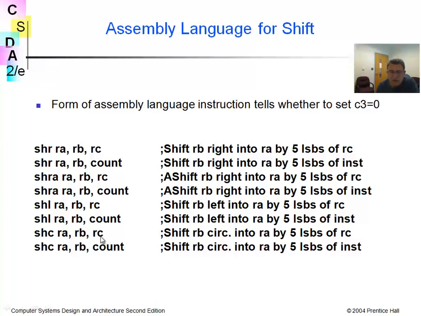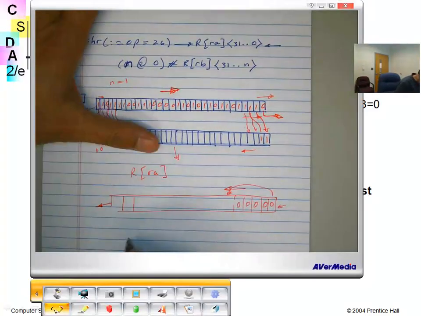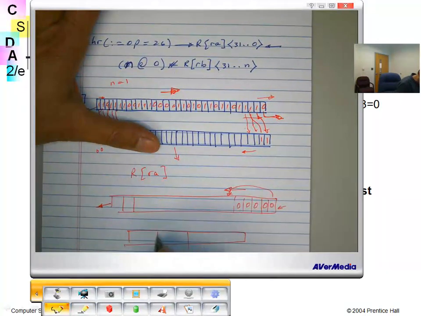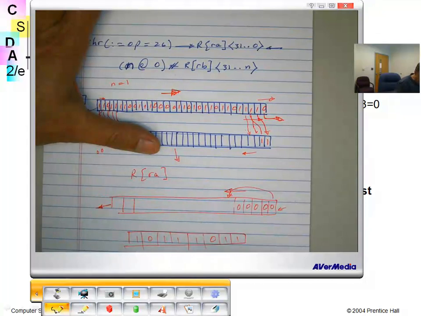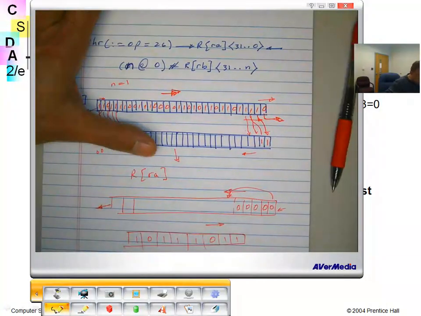Shift RB circle into RA by the 5 least significant bits of RC. What is this telling you is, let me go back here. Sometimes, let's do it in 8 bits. All right. If I'm going to do shift right circle, what's going to happen?